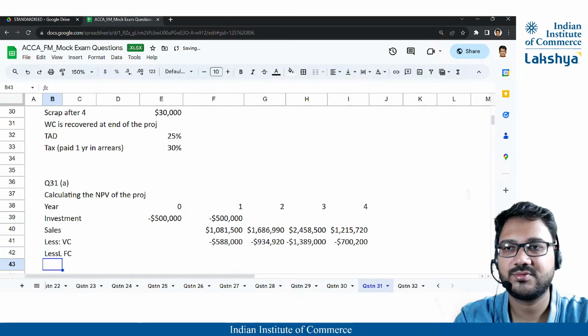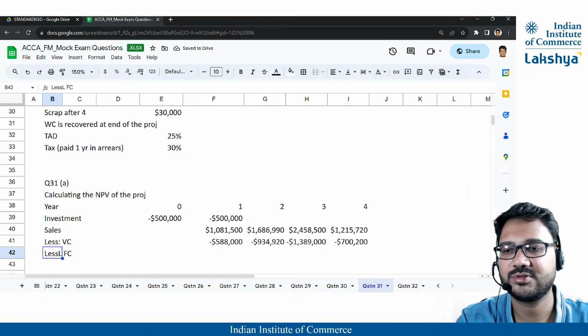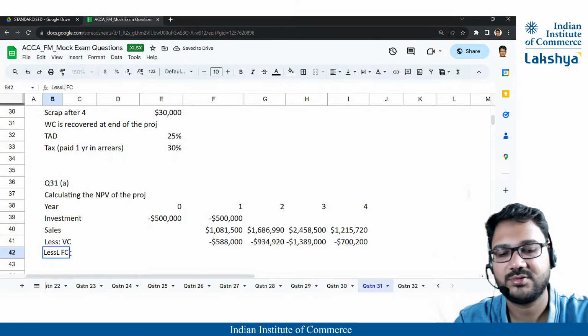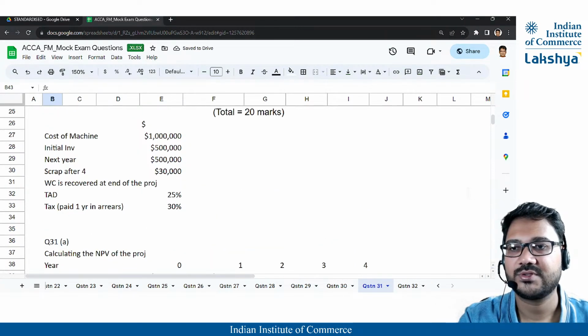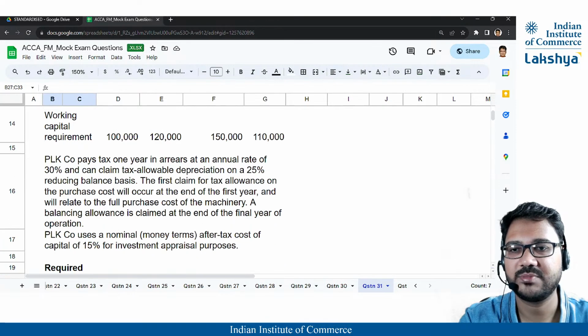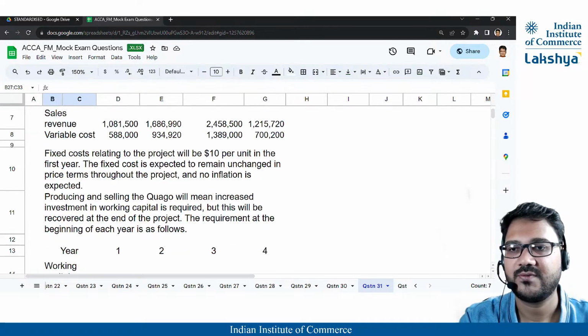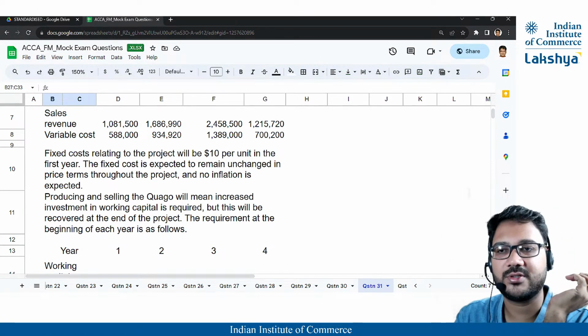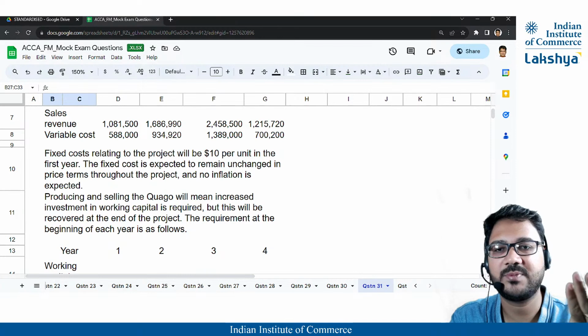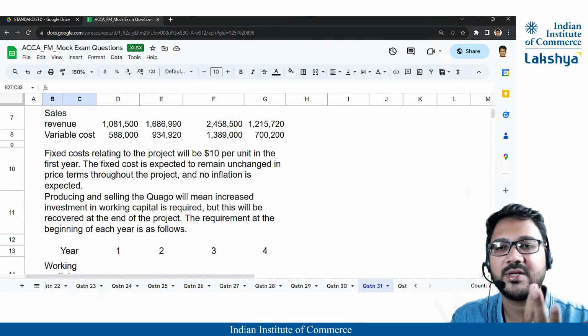fixed cost. What have we written for fixed cost? Oh, we didn't write anything in our summary. I must have missed it. Fixed cost relating to the project will be $10 per unit in the first year, and we expect it to remain the same, like per unit cost.